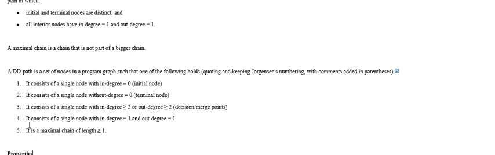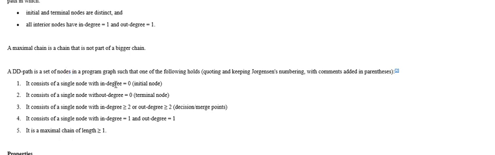What is a DD path? A DD path is a maximal chain of statements, or a set of nodes in a program graph, such that the following holds. It starts at one decision point and ends at the next decision point, or at the end of the program.